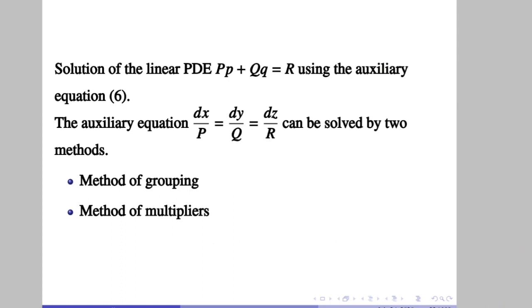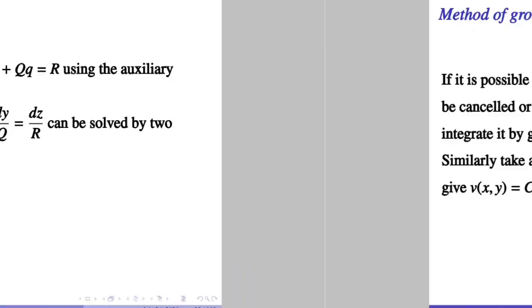To solve this auxiliary equation, there are two methods: one is the method of grouping and the other is the method of multipliers.